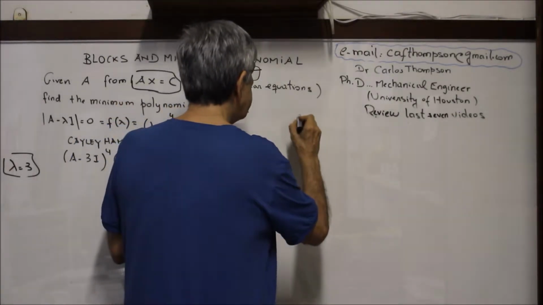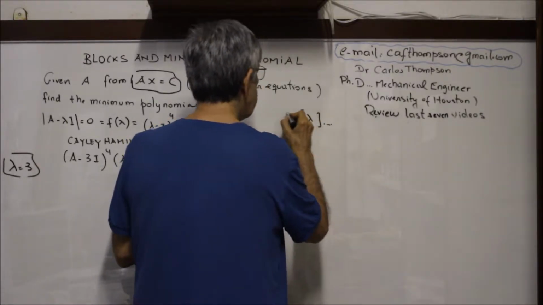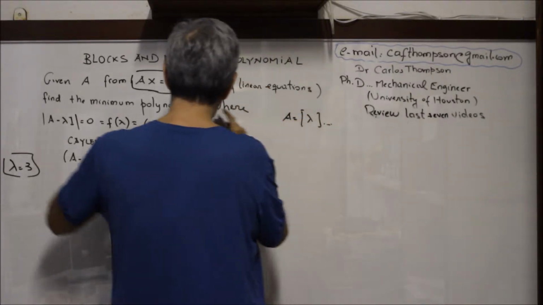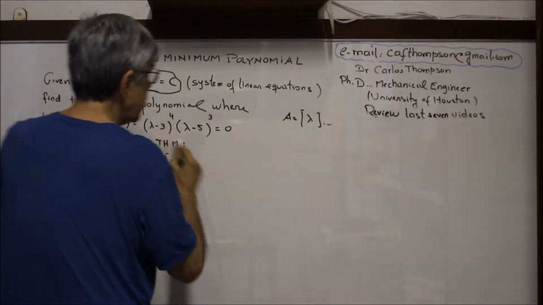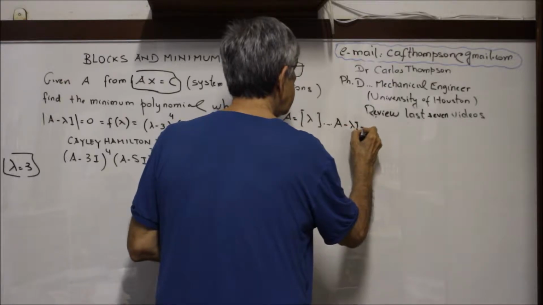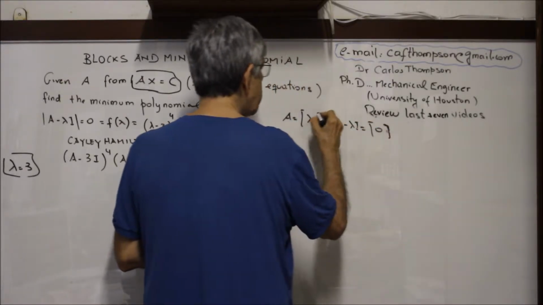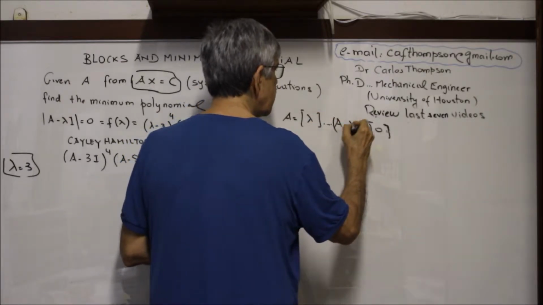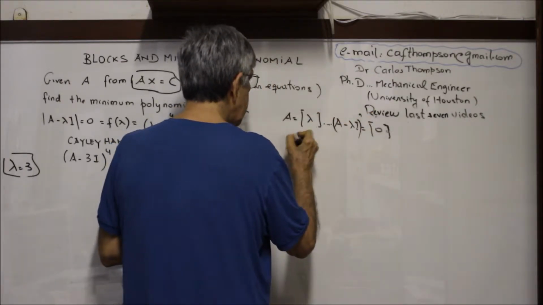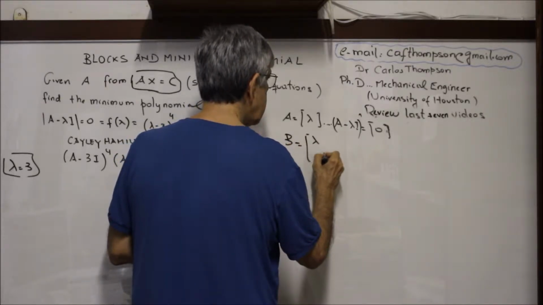Now remember, I have lambda here. Suppose the matrix A here has nothing to do with the A over there. So A minus lambda I is equal to 0. This is a power 1. Now, suppose B is lambda, 1 here and 0.